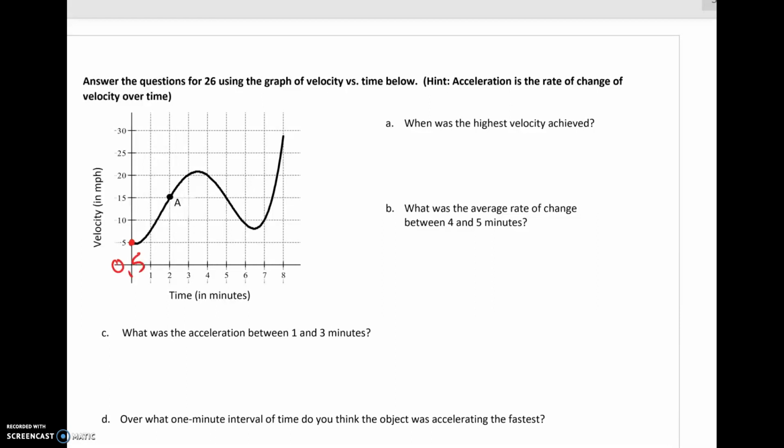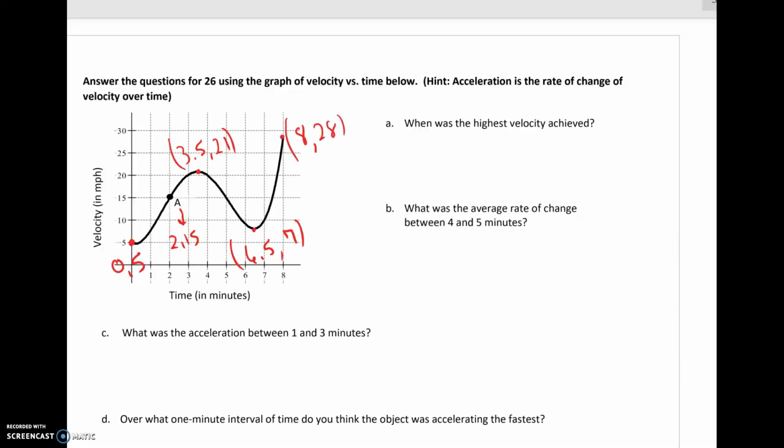Maybe we need it, so we can go ahead and say that would be 2, 15. This point here, I think that's about 3.5 and maybe 21. Here's another important point. That's going to be 6.5 and, I don't know, 7. And then there's not an arrow here, so we're going to end this. We're going to say it's at 8 and about 28.